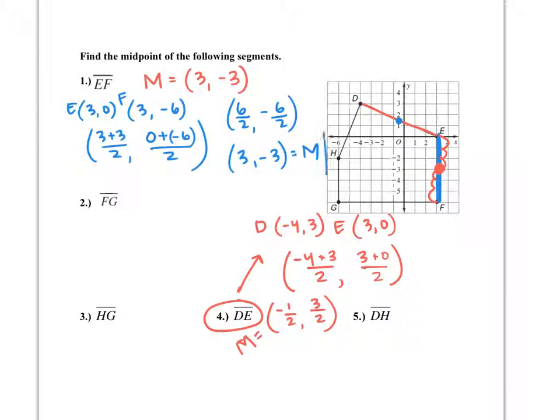So again, hopefully it's obvious. You get the same point whether you count it or use the formula. So if you can count it, count it. But you need to know the formula because counting it will not always work. All right, hopefully that helps you understand midpoint a little bit better.